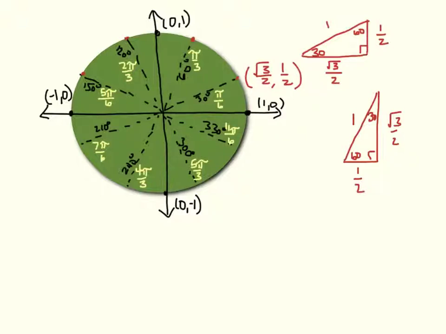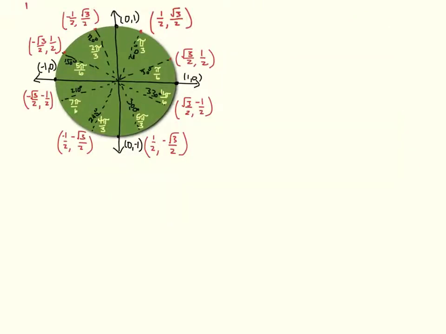So their coordinates are just swapped: 1/2 with a height of square root of 3 over 2. All of these points are just reflections of the other points. So we can go around and label the entire unit circle now, just changing our x's to negatives on the left-hand side and our y's to negatives whenever we're in the bottom half of the coordinate plane.